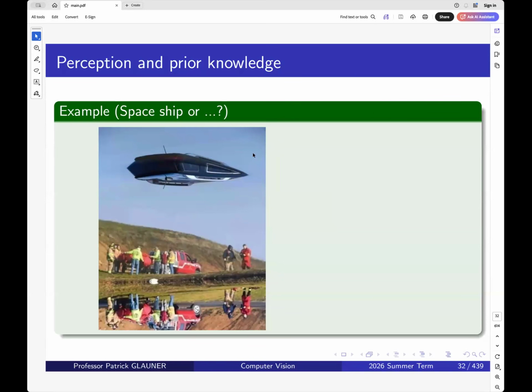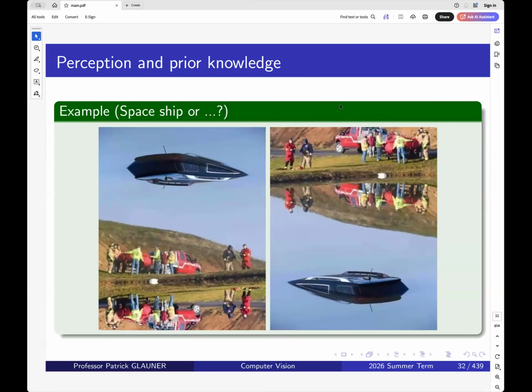But if you rotate that image by 180 degrees, it may become more clear. There's actually a car in the river. You have those people here from the fire station coming to help, and this is the reflection in the river.